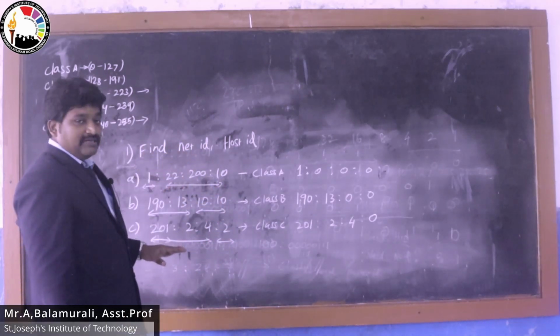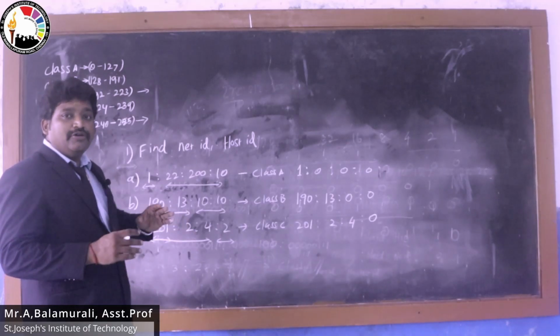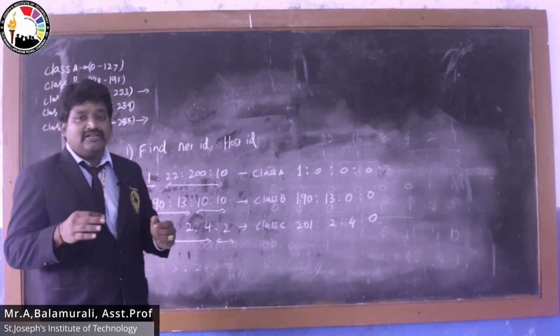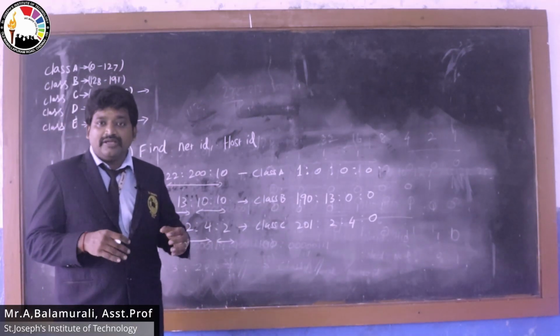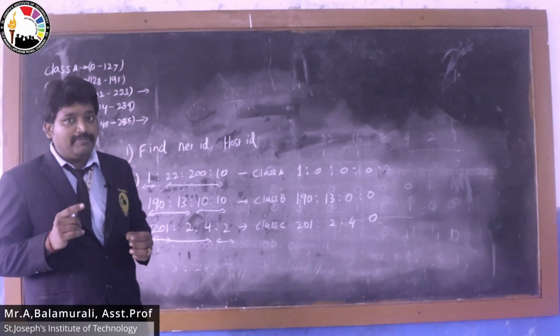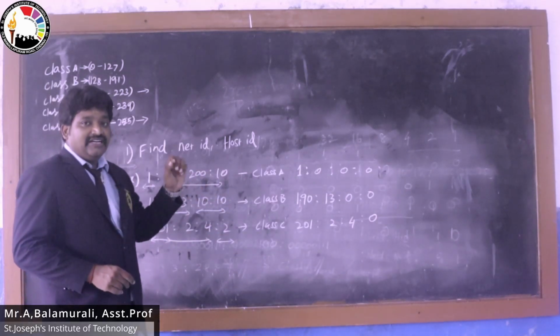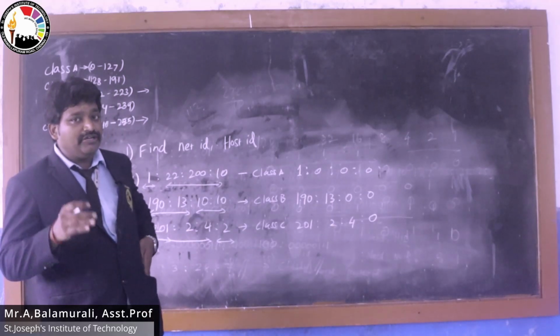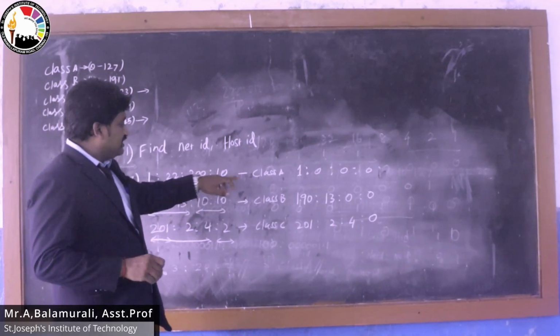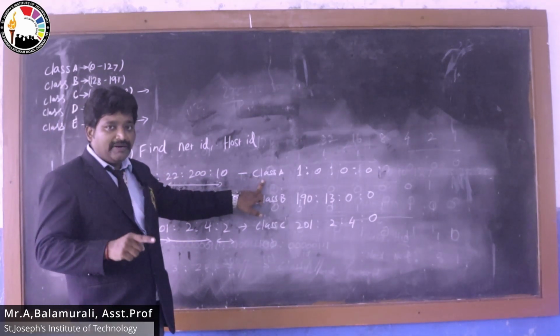Okay. Using the same concept, you have to find the subnet mask. So what is the subnet mask? Now I am going to explain about the subnet mask. Subnet mask means using the subnet mask only, you are going to identify the net ID. Already we discussed class A ranges have only one partition.